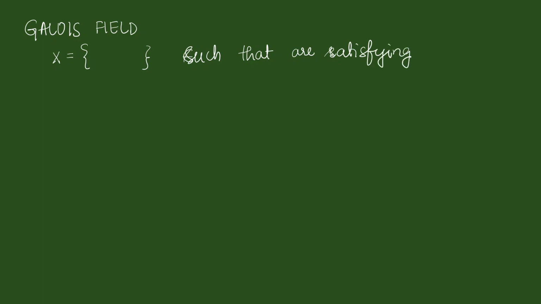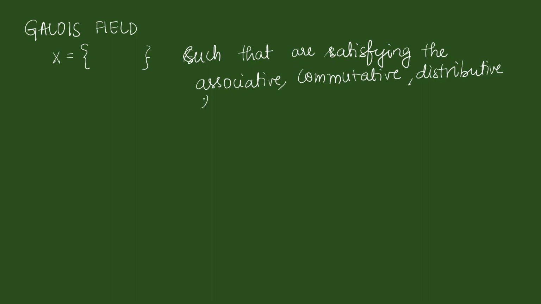the associative property, commutative property, distributive law, and it has to have a unit element and an inverse element.